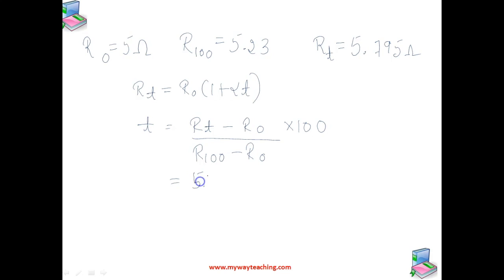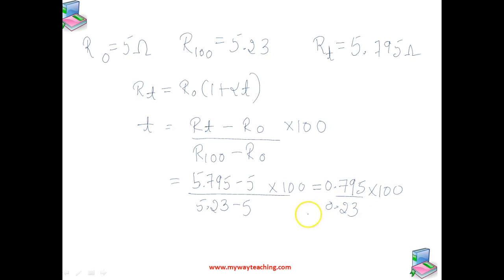And we know the resistance values, which gives 345.65 degrees Celsius. This is the value of T.